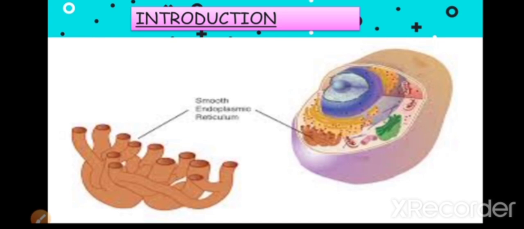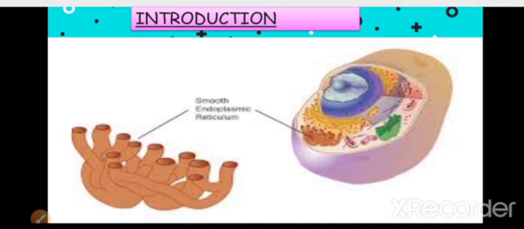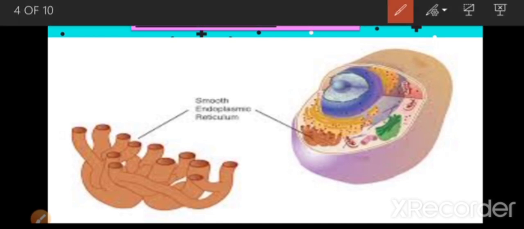He called that specific structure the endoplasmic reticulum. What is the reason why he called it the endoplasmic reticulum? That we will learn in our next slide. Is it clear? So remember, the term endoplasmic reticulum was first coined by Potter in the year 1953.